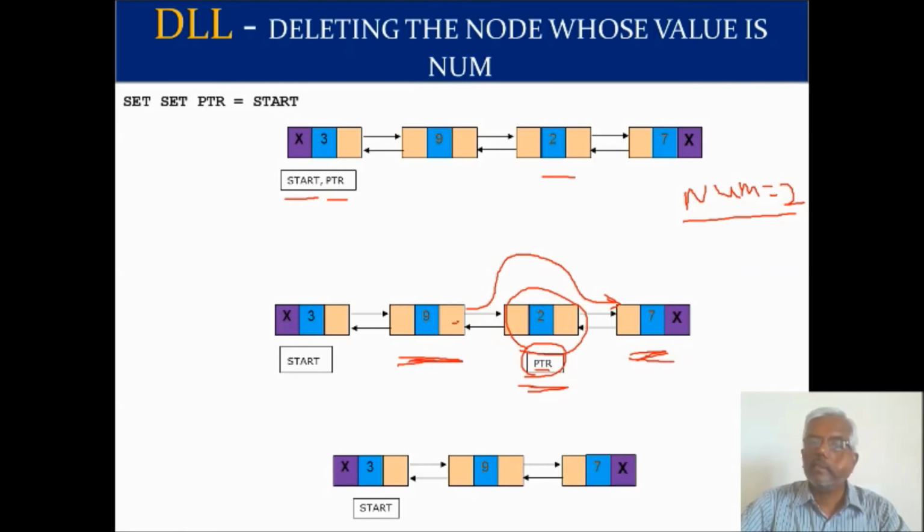What is this place? PTR oda previous oda next அப்படினு சொல்லலாமா? So PTR oda previous oda next equal to what? It should be this. What is this? PTR oda next. So what is the statement we have to write?